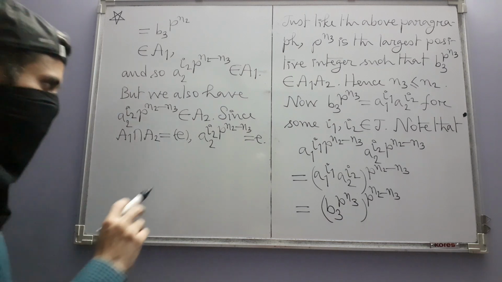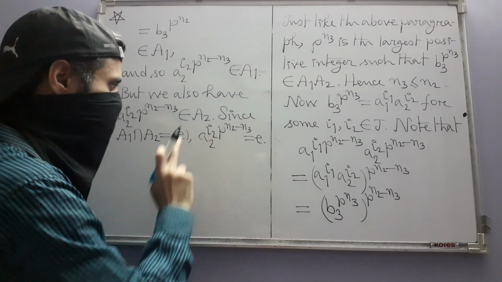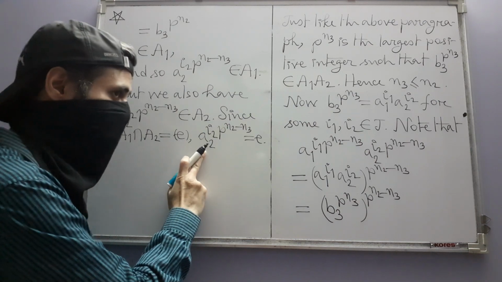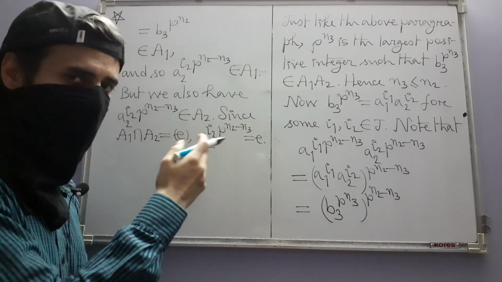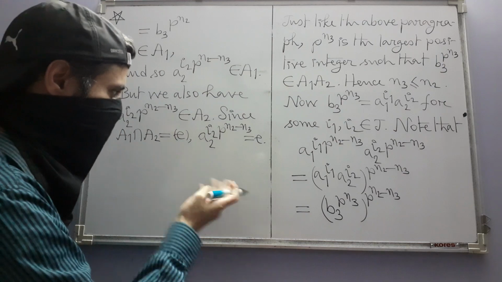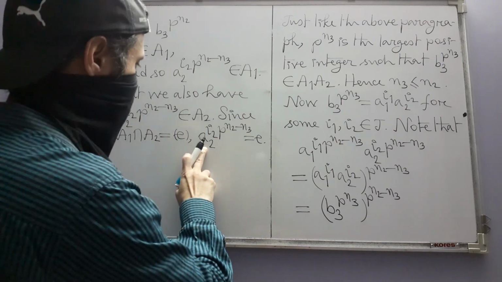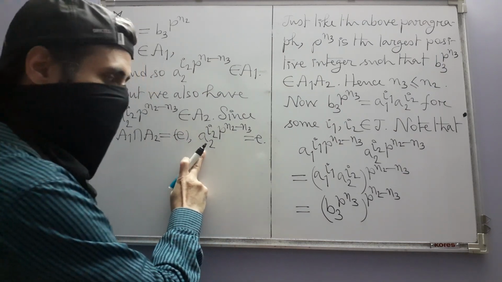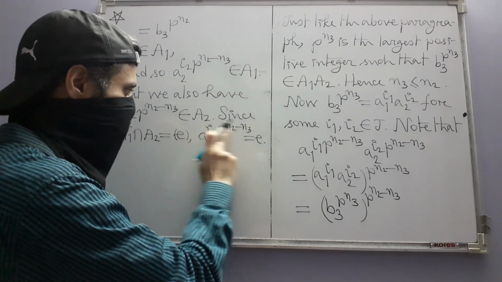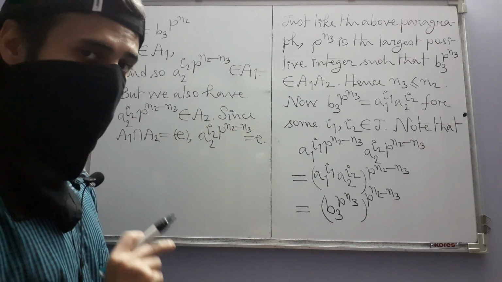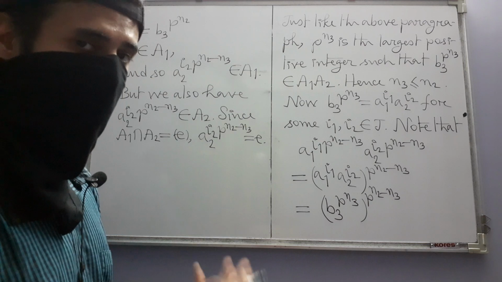Alright. So from this last equation, we conclude that the order of A2, by a previous property, we have been using it many times, the order of the base A2 has to divide the exponent. What is the order of the base? P to the power N2.